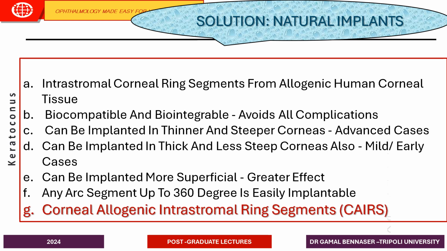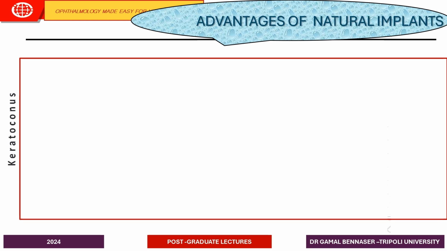So this corneal allogenic intrastromal ring, called CAIRS, is a new trend nowadays, used in the management of advanced cases of keratoconus, and the technique is still undergoing further refinement and customization, so that it will be used widely over the next years.